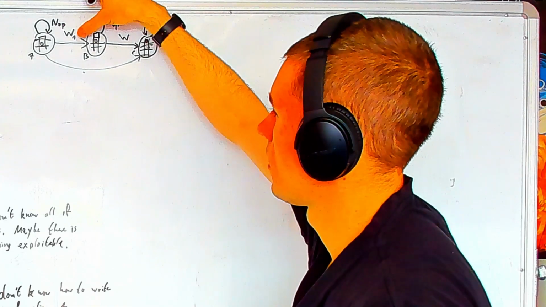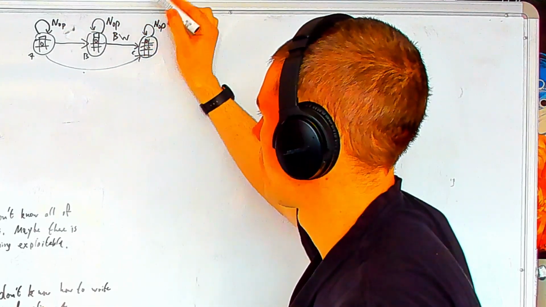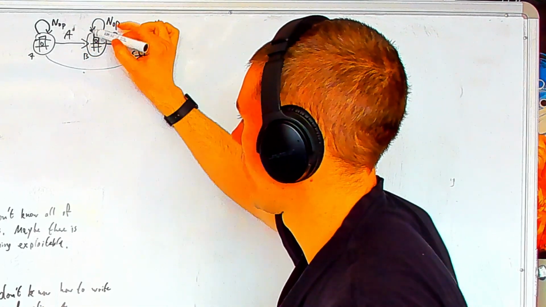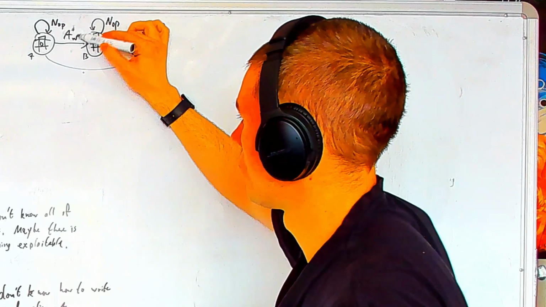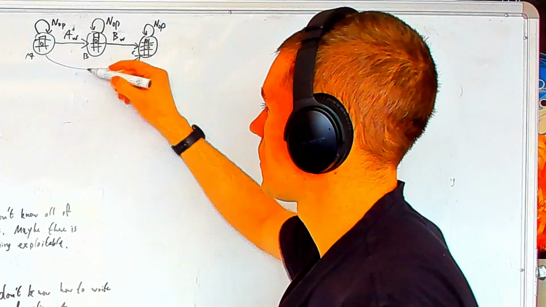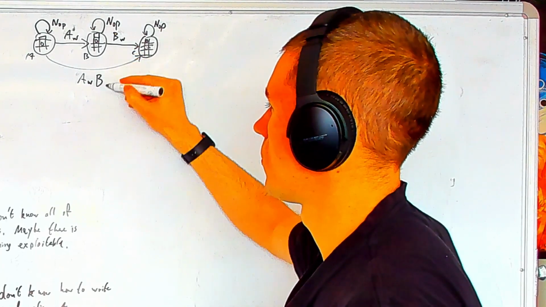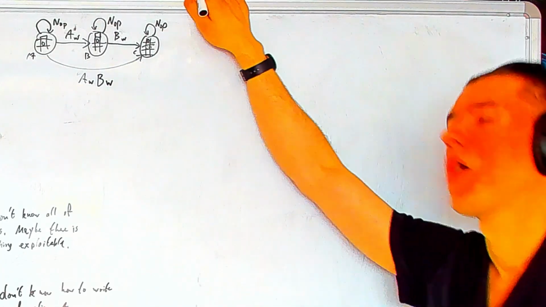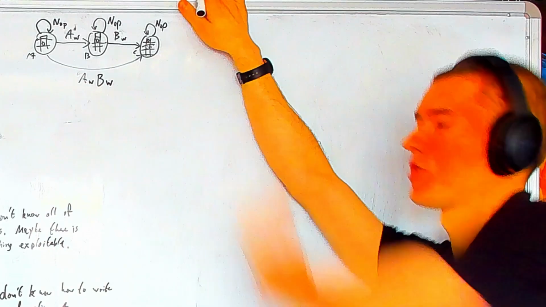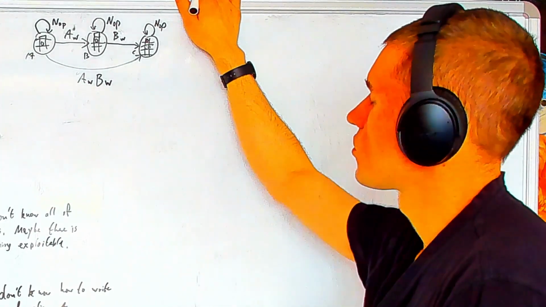It makes more sense if we say it like this: for A, there is the action W. And this arrow, we can say, is AW, BW. We just do first this path, then this, and then we go here to C.